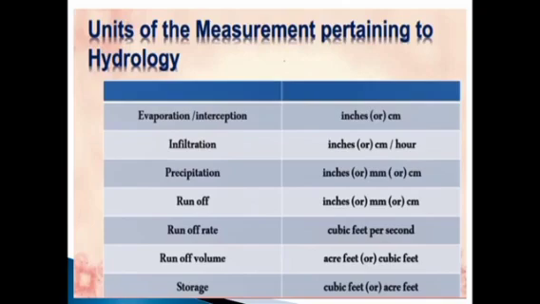Then finally we have storage. It is expressed as cubic feet or acre feet. So students, these are all the units which are used to express the terms related to hydrology.